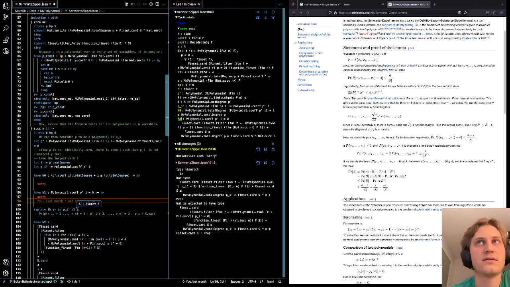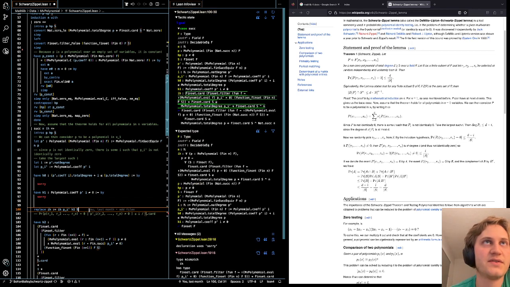And S is this finite subset of the field from which we are selecting our random draws independently and uniformly. Okay, so that works. That makes sense. Cool.